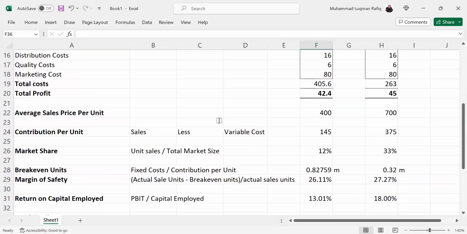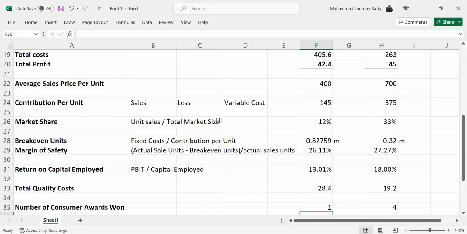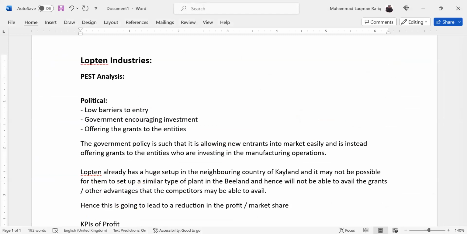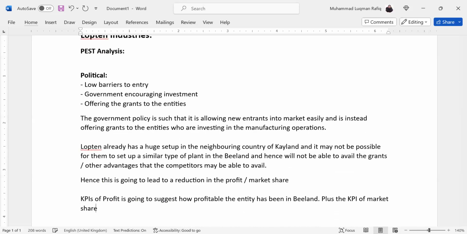The KPIs of profit is going to suggest how profitable the entity has been in B land, plus the KPI of market share would suggest the extent to which they have been able to penetrate in the market.